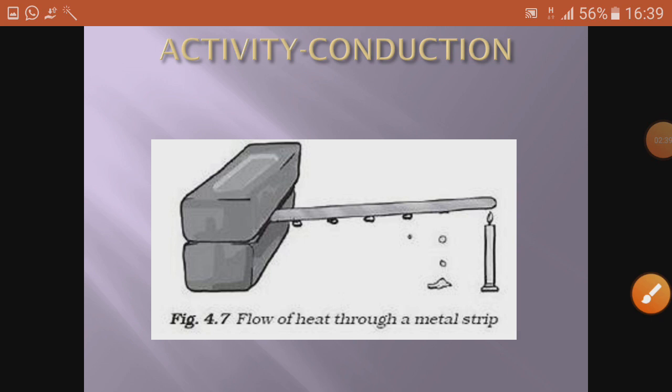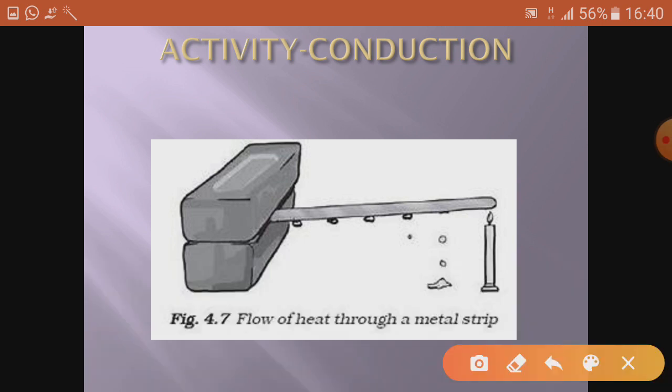So here the concept is very simple. When you start heating this iron rod from this end, the atoms present in this metal scale start vibrating because they attain the energy. Because they cannot move from their place, they vibrate.